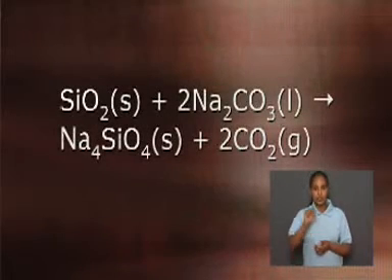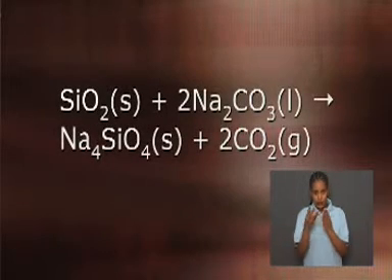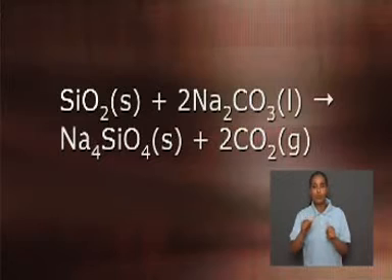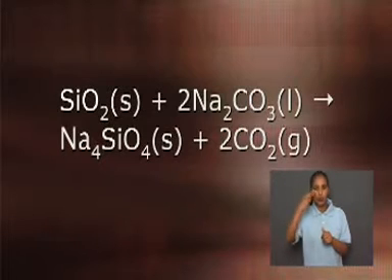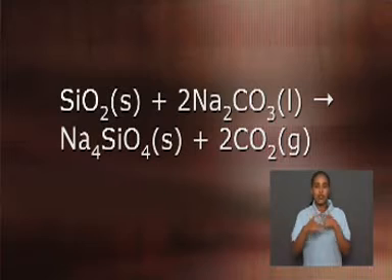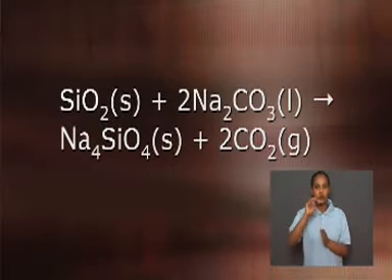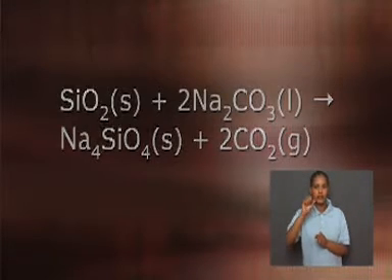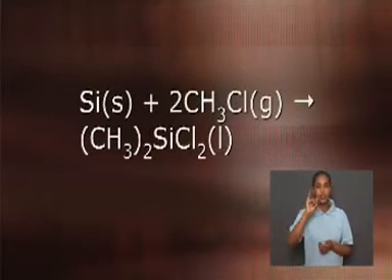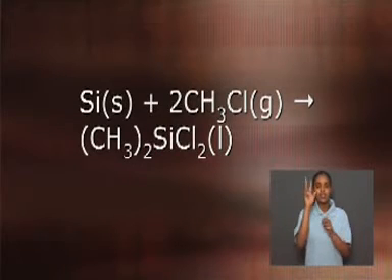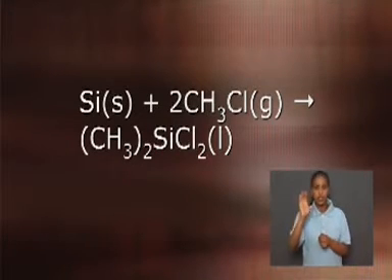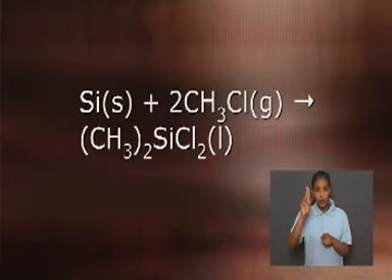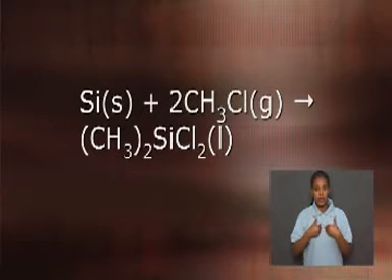Silica dissolves slowly in hot, molten sodium hydroxide, or sodium carbonate. This reaction produces sodium orthosilicate. Silicon and methyl chloride react at 300 degrees Celsius when copper powder is present as a catalyst.